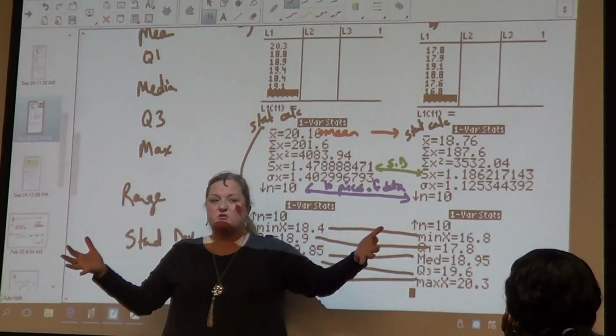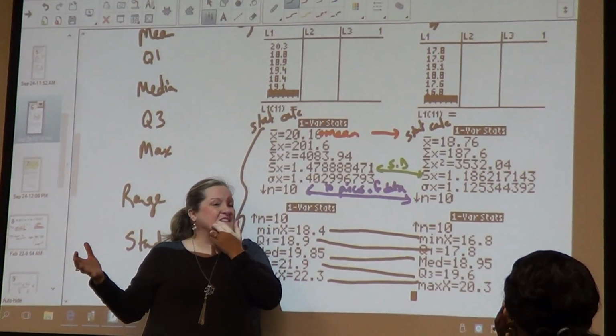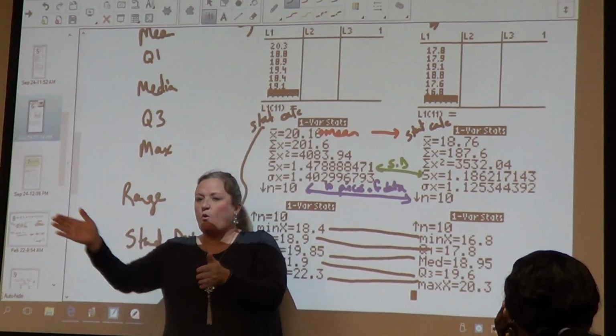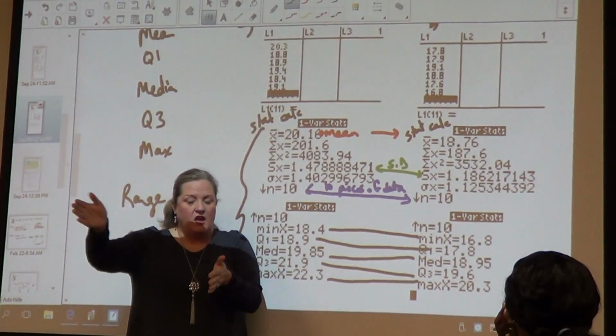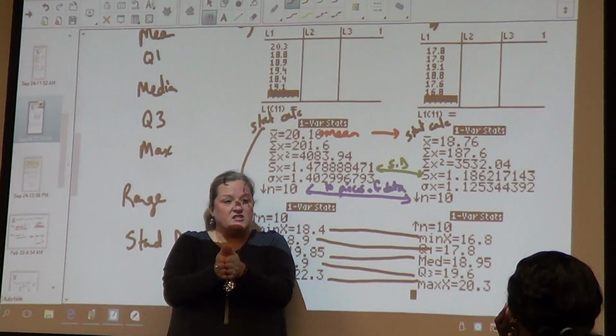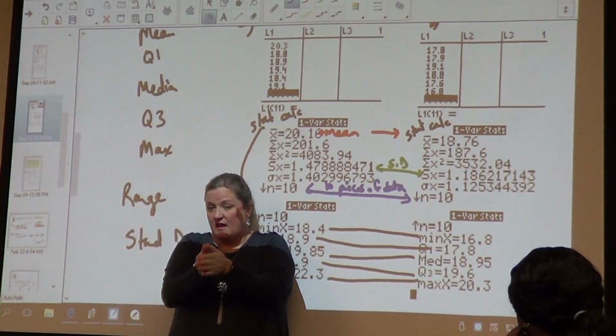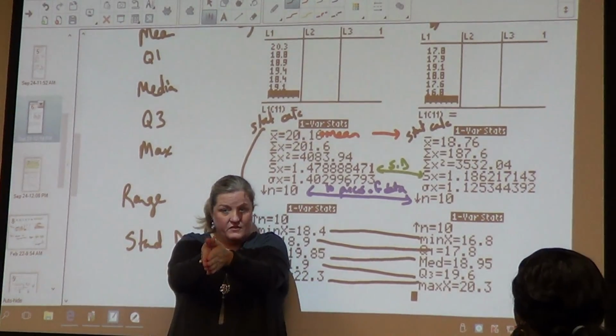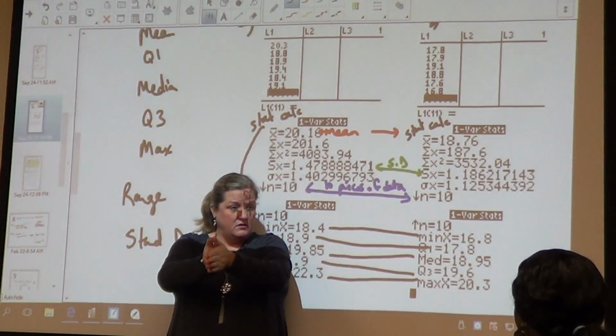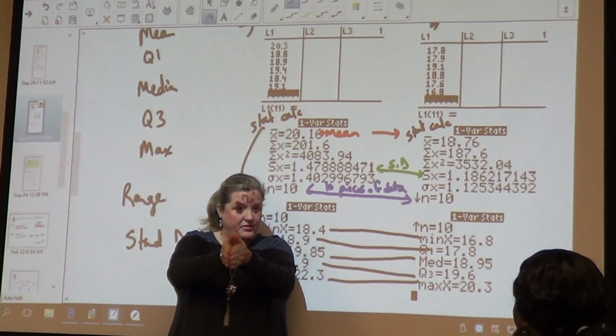Standard deviation is your spread. Think about what deviate means. Deviate means go off the path. So, if I told you that the average of the class on a test was 80, and you made an 80, then your deviation would be 0. You didn't deviate off the path.